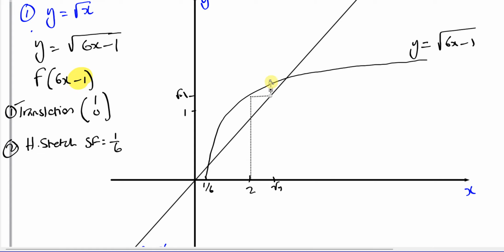That's going to be y equals whatever that was, and that value is going to be replaced back into this function. The x value put back in is going to be the same as that, you see? And that's going to give you another value, which is going to be up here.